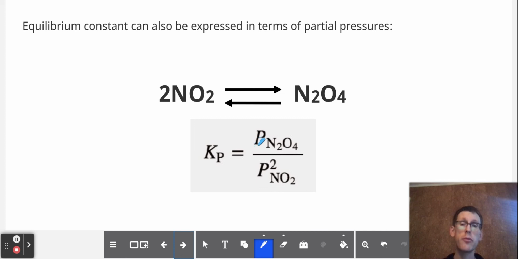And note that in the previous slide, the equilibrium constant, that K value, was equal to the concentration of products over the concentration of reactants. In this case, it's the partial pressure in both cases. So I look here, I put the partial pressure of the product N2O4 in the numerator and the partial pressure of NO2 in the denominator. Note, of course, that I'm squaring this because of the coefficient of 2.